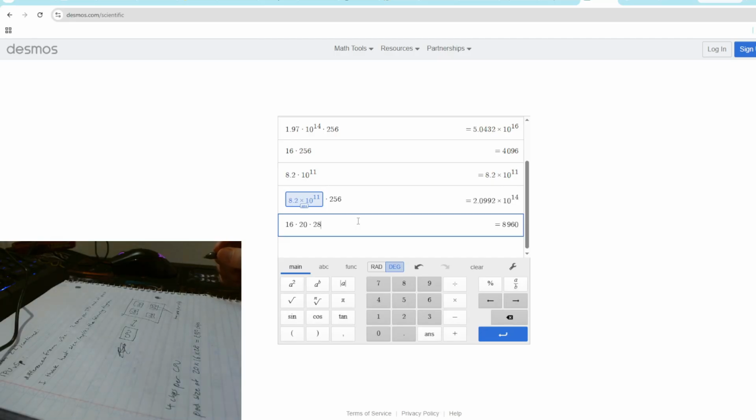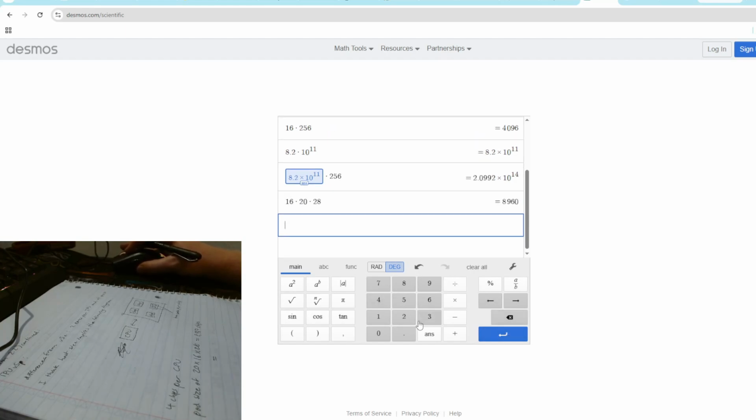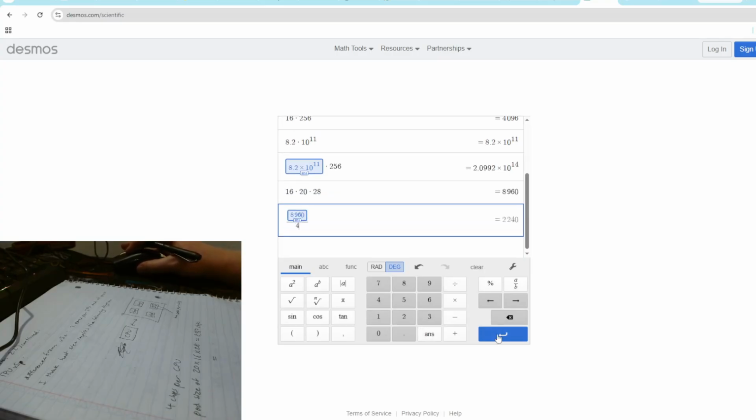which equals, divided by 4. That seems wrong, but let's see. 2,240 CPUs.